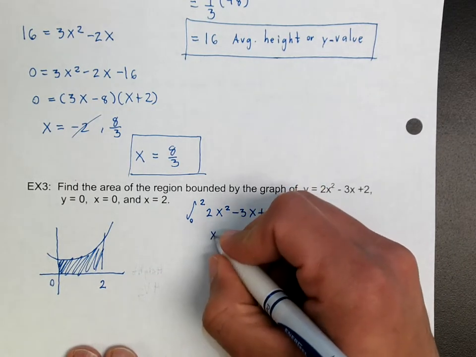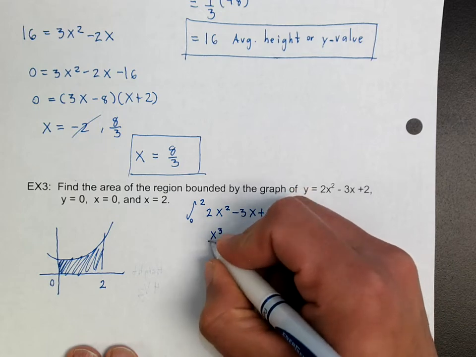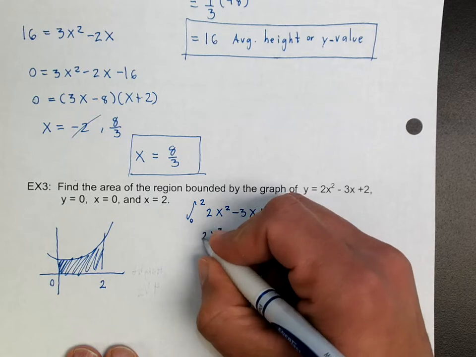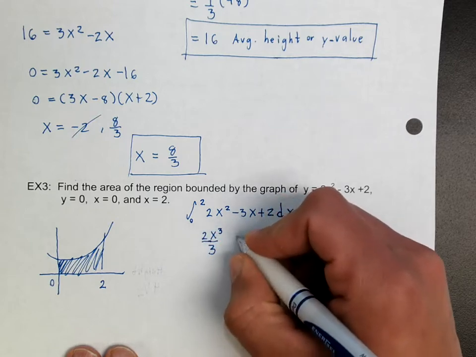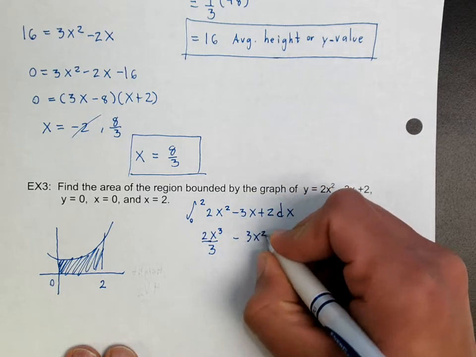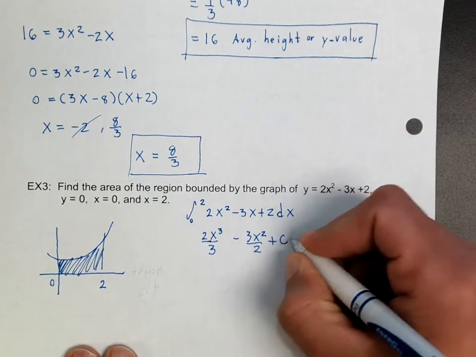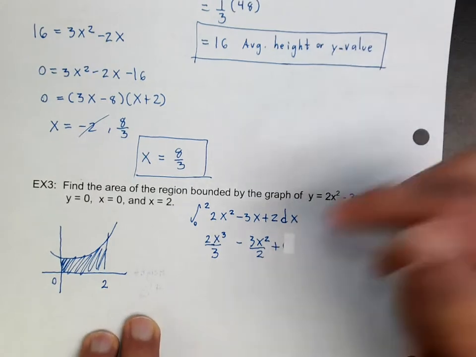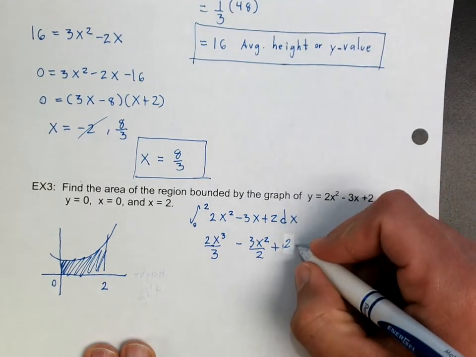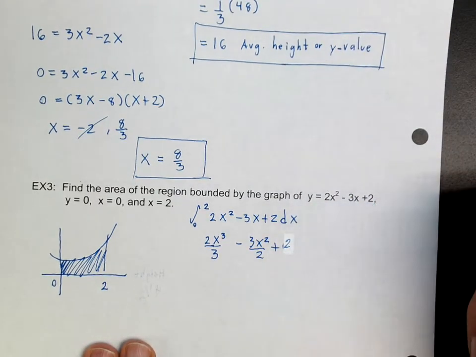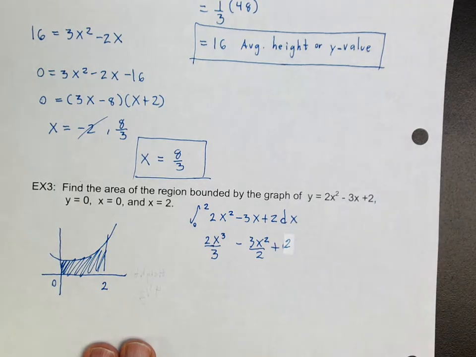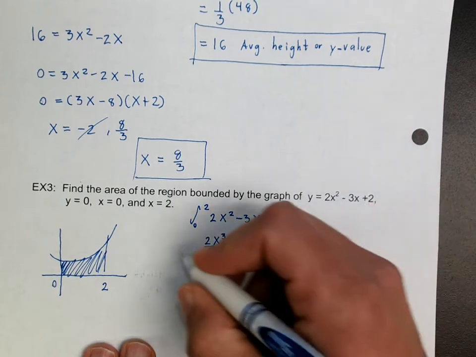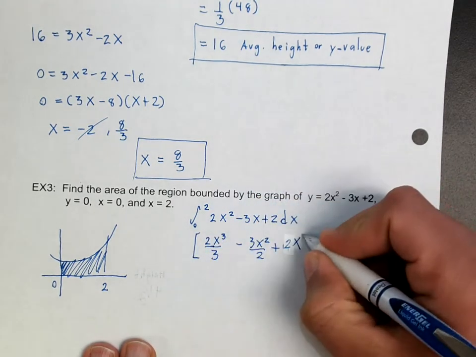You add 1, divide by the same number, so that's going to give me 2x cubed over 3 minus 3x squared over 2 plus 2x. We're going to evaluate that at 2 and at 0.